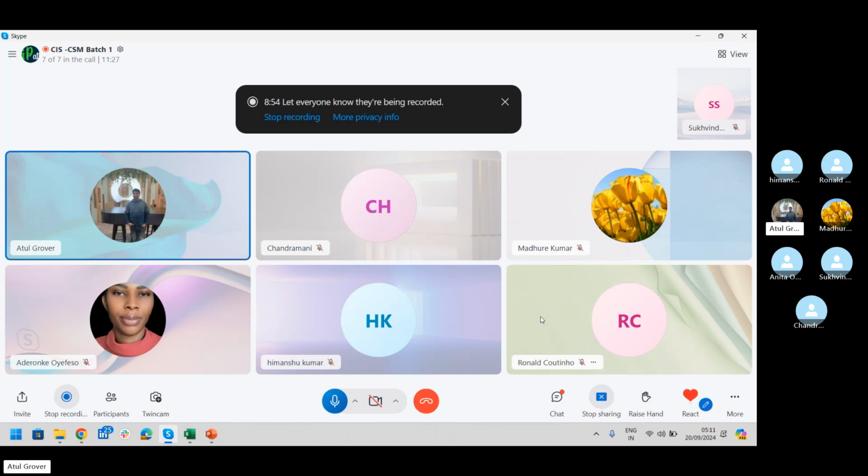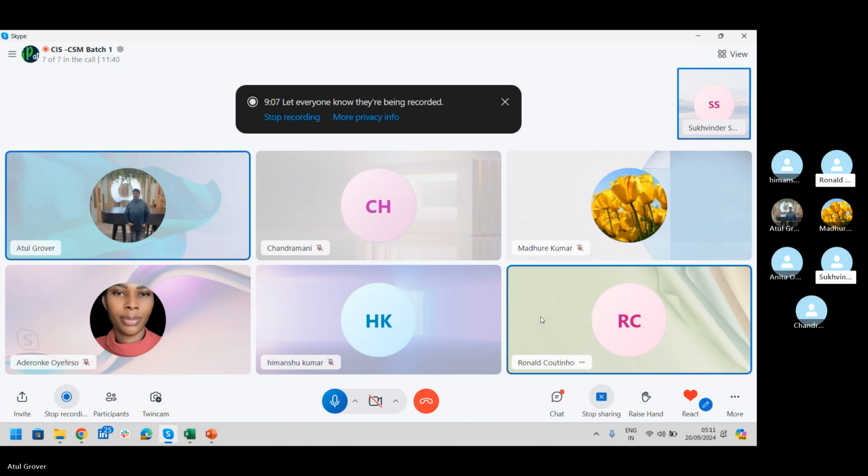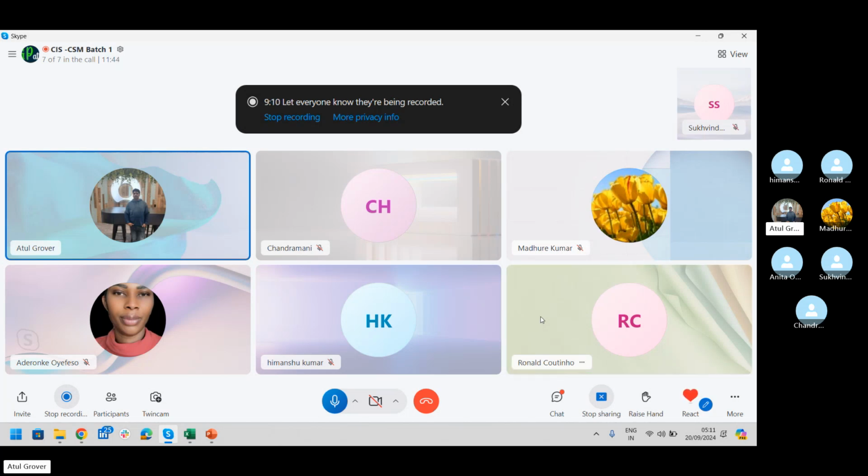Sukhinder, Madhuri, Ronald, Himanshu, Anita. Good. We'll raise a PDI request. Yes, try to take the Zurich version, that will be better, because that is the latest one.